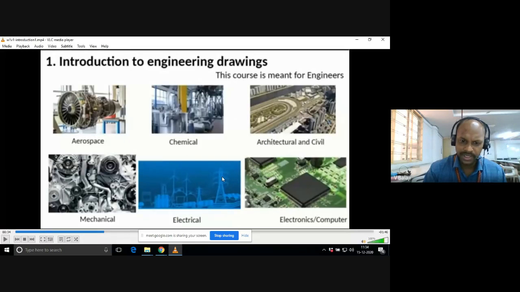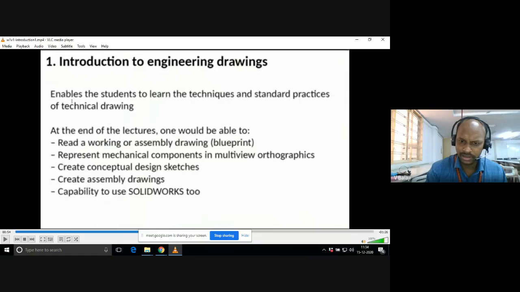These are the applications, and there are many outcomes you will achieve at the end of the course. You can create sketches, design sketches, you can create drawings, you can even apply your knowledge to 3D software, and you can prepare or read industrial mechanical drawings, and you can represent mechanical components in multi-view graphics.